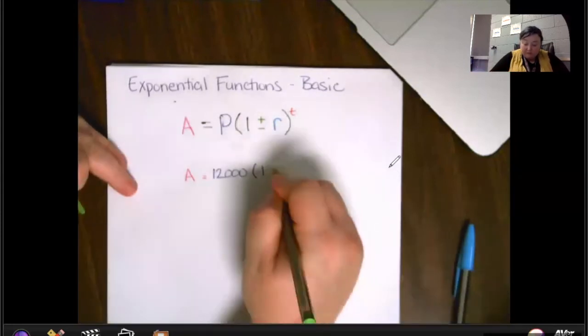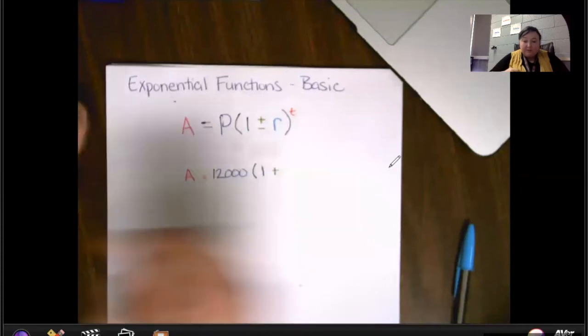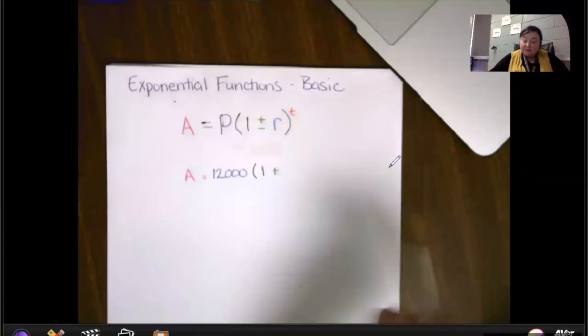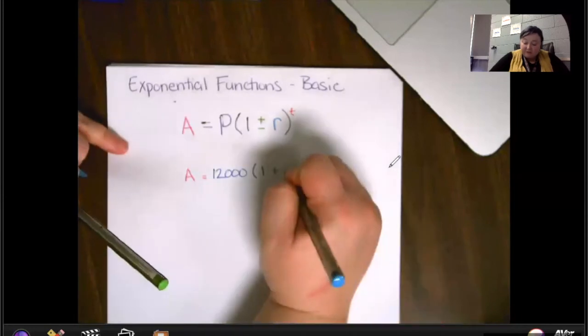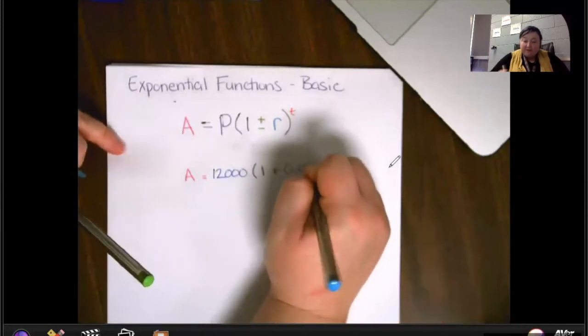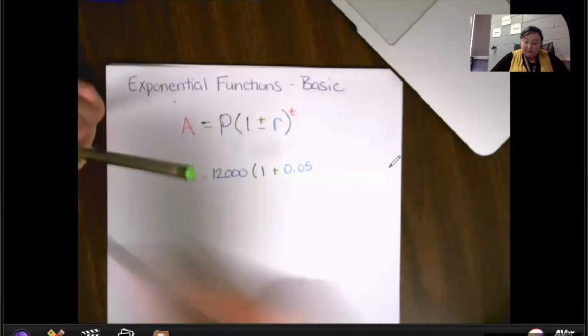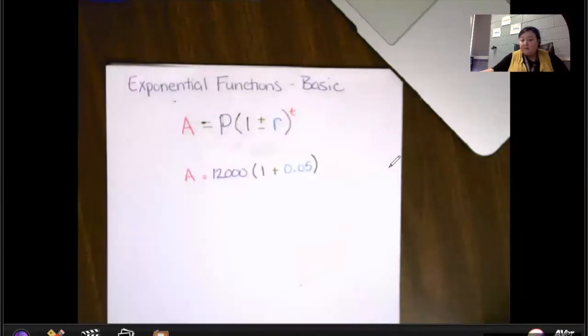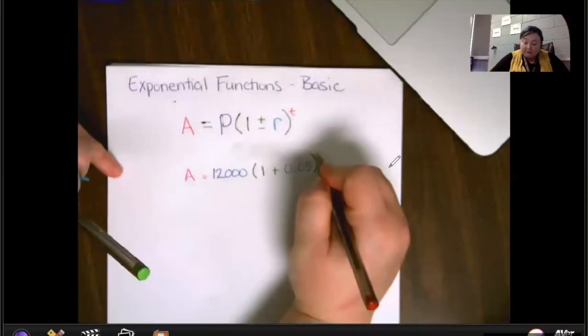So 1 plus the rate, which was 5%, and 5% as a decimal is 0.05. And we're going to raise that to the number of years, or how long we want to look at, and that ended up being 12 years.